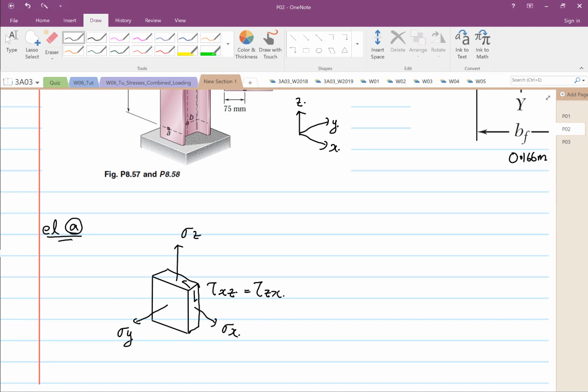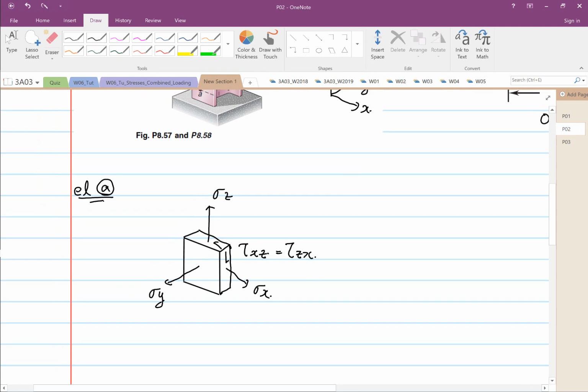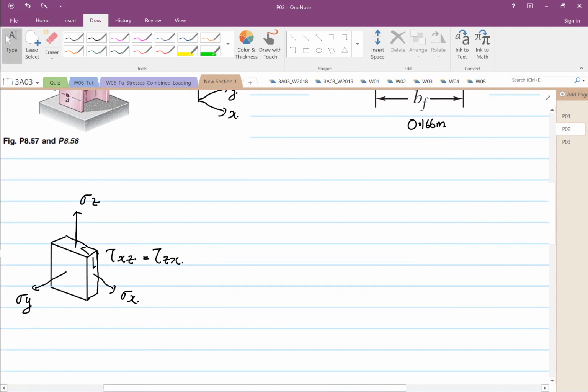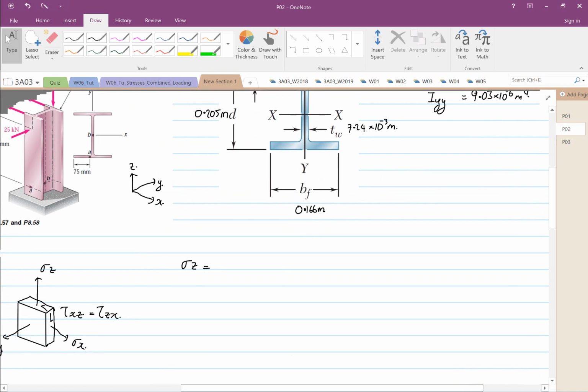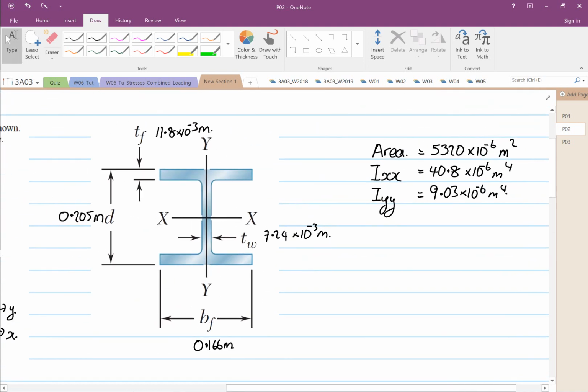Let's look at stress Z, which is equal to P over A. But before I carry on, these are the values of the beam cross section W200 by 41.7.